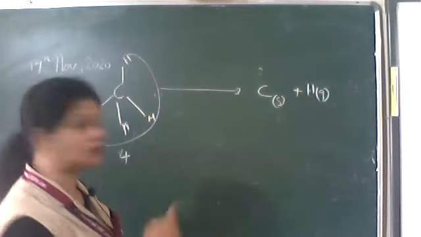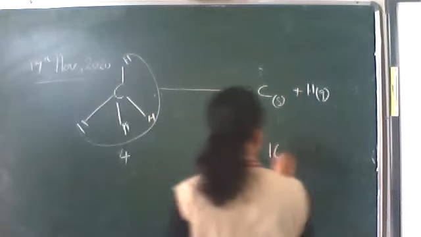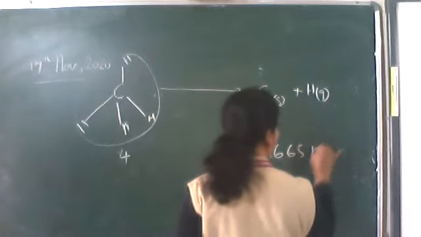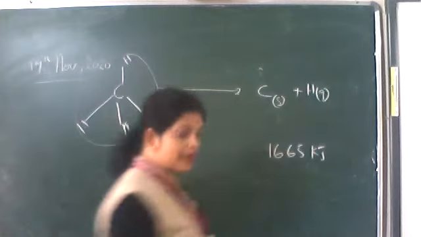When 4 moles of bonds are broken, here 1665 kilojoules of energy is required to break this.